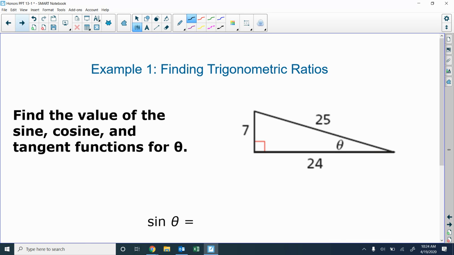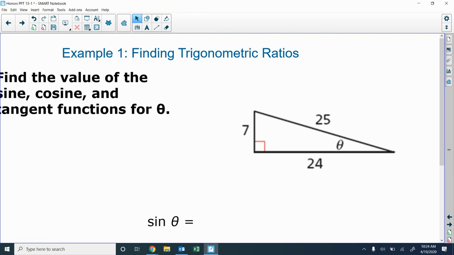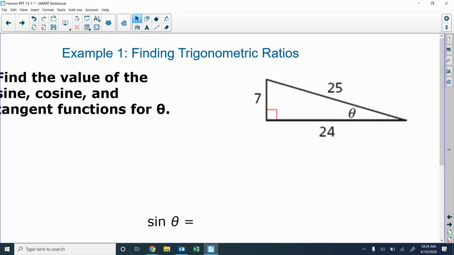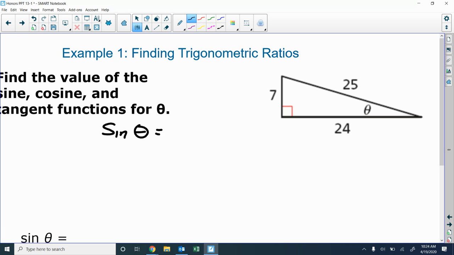All right. We're going to go ahead and do all 6 trig values right now. Move some of this around a little bit. There we go. All righty. So the sine of our theta is right here.